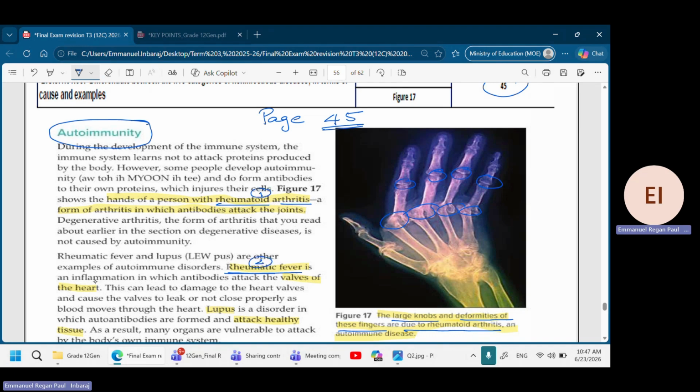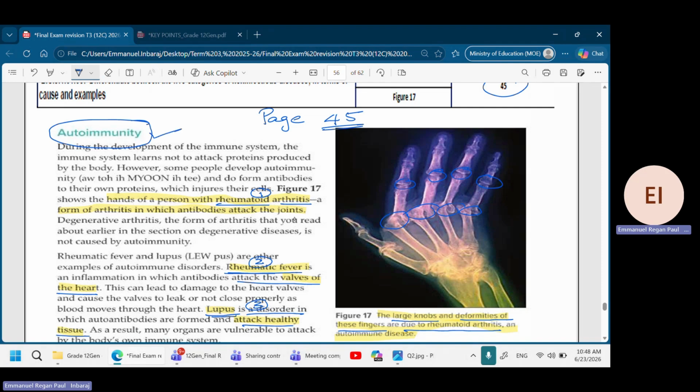Rheumatic fever is the inflammation which attacks the valves of the heart. So if it is something to do with the heart, then it is rheumatic fever. Number 3, lupus. Lupus is a disorder which attacks healthy tissues. So there are 3 disorders in autoimmunity.